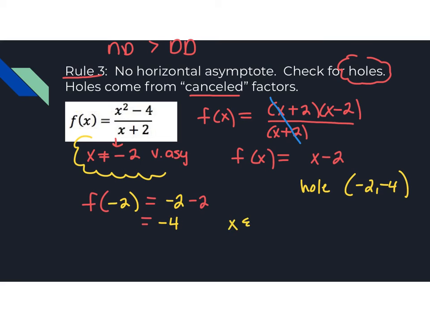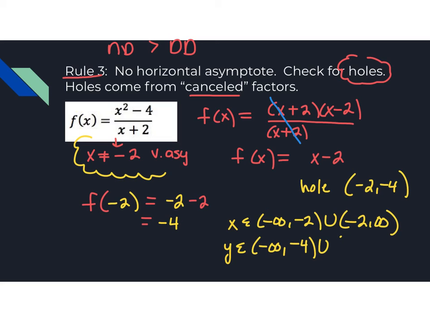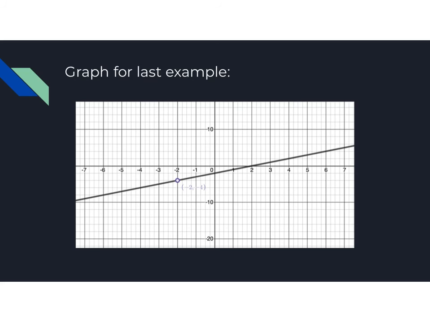Again, that point of -2 is the point that I'm removing from my domain based on the fact that it's a factor of my denominator. And my range is all real numbers, but removing that y value of the hole. What it looks like on the graph is this.